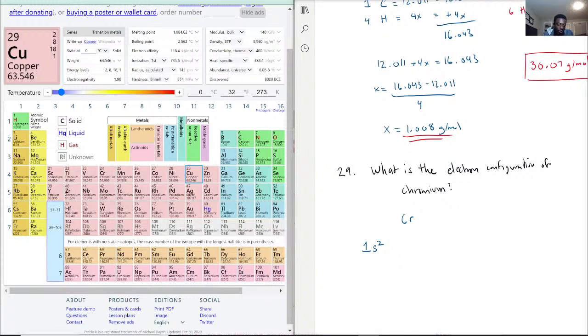Then we keep going: 2s2, 2p6, that's the second row done. 3s2, 3p6, that's the third row done. Now 4s2, 3d4.